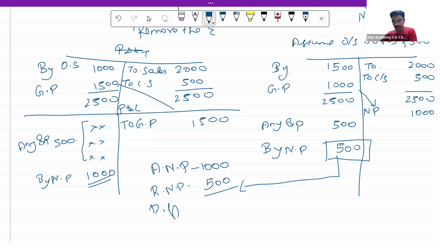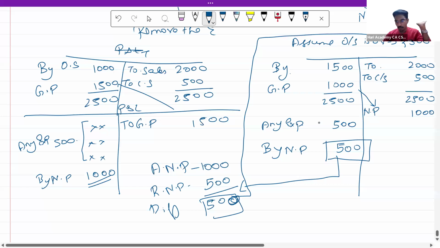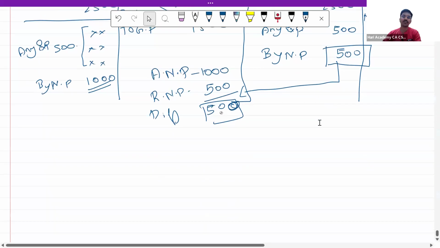So this difference 500 is because of this overvaluation of rupees 500. The 500, which is the difference between the actual net profit and the revised net profit, is fully attributable to overvaluation of the opening stock. This is the point.